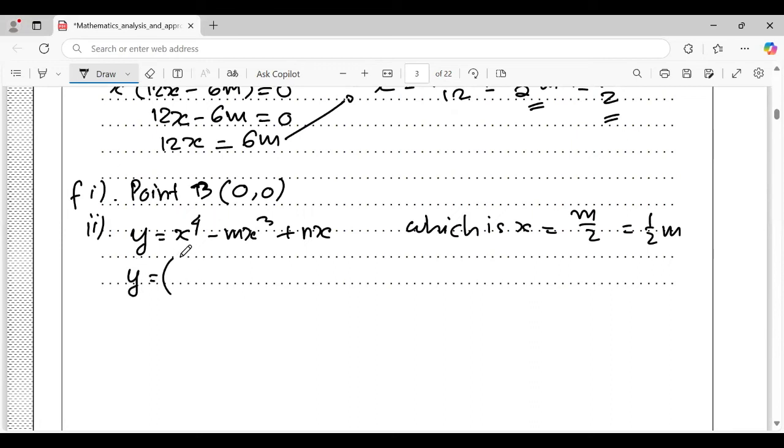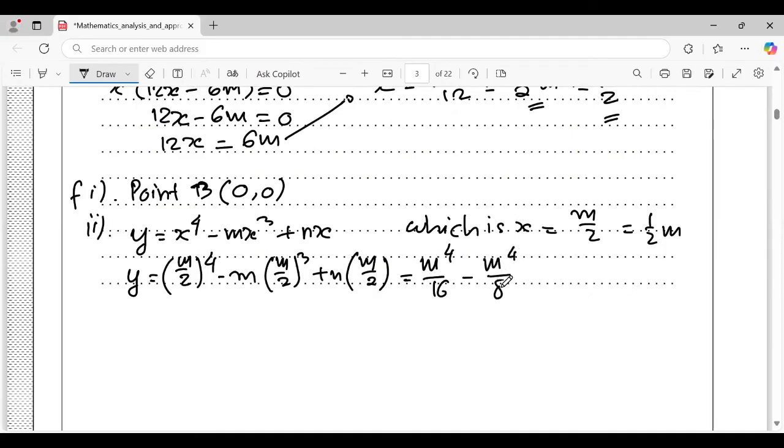It becomes m half power 4 minus m times m half cubed plus n times m half. It is m power 4 over 16, minus m power 4 over 8, then plus mn over 2.